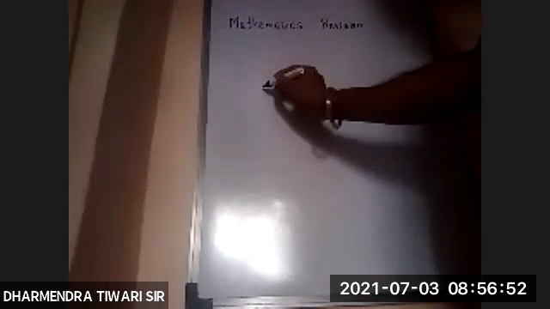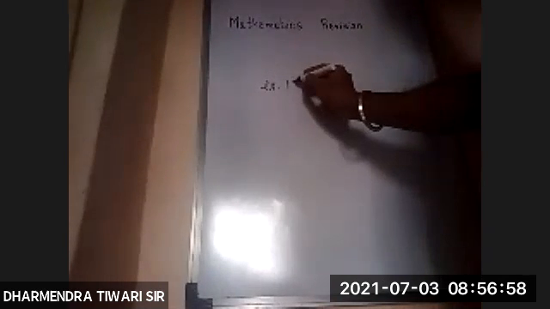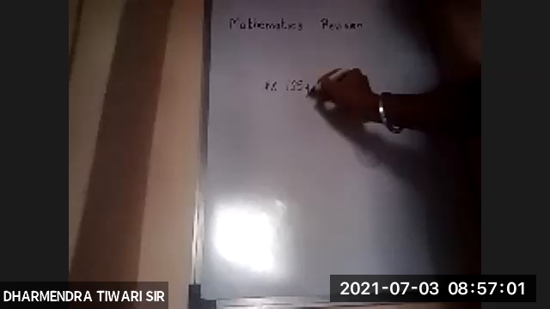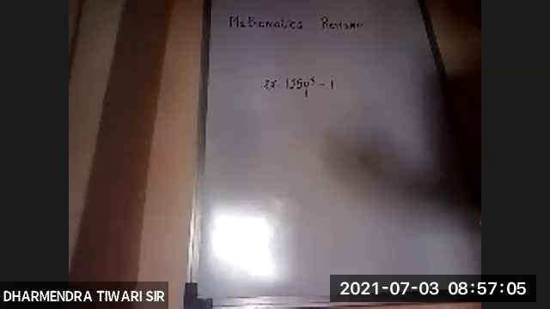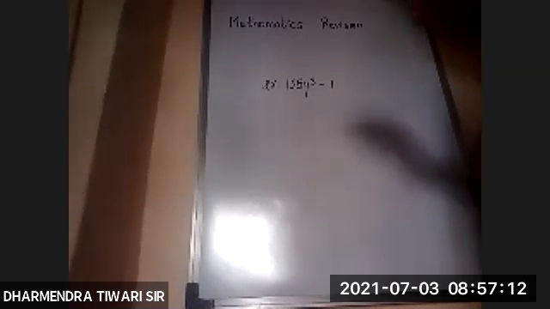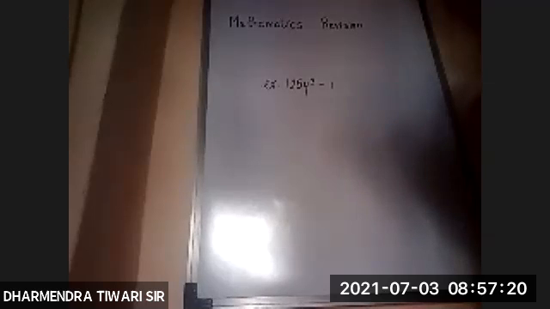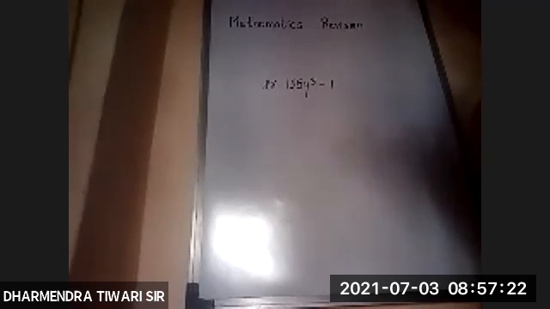Say we have 125y cube minus 1. To do this, first of all we should know which number's cube is 125. It's not directly there, so we need to make some adjustments.